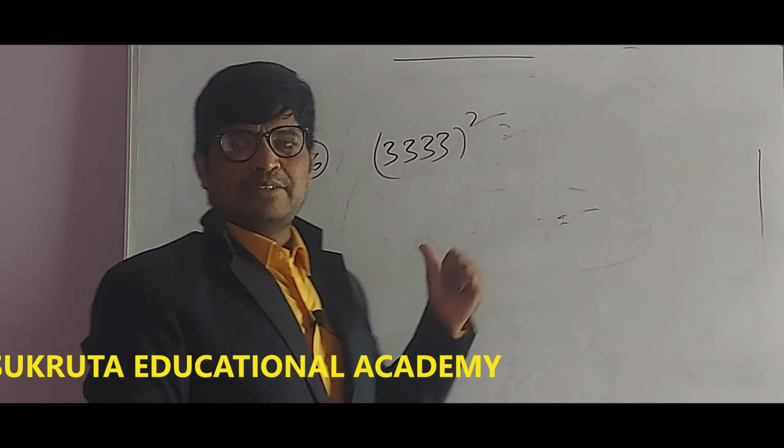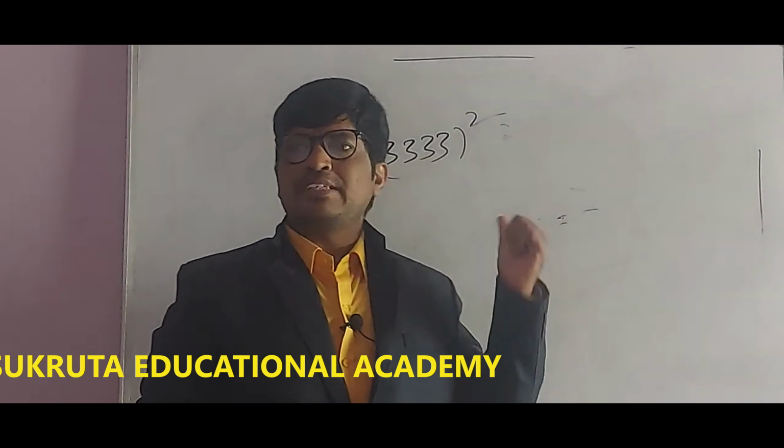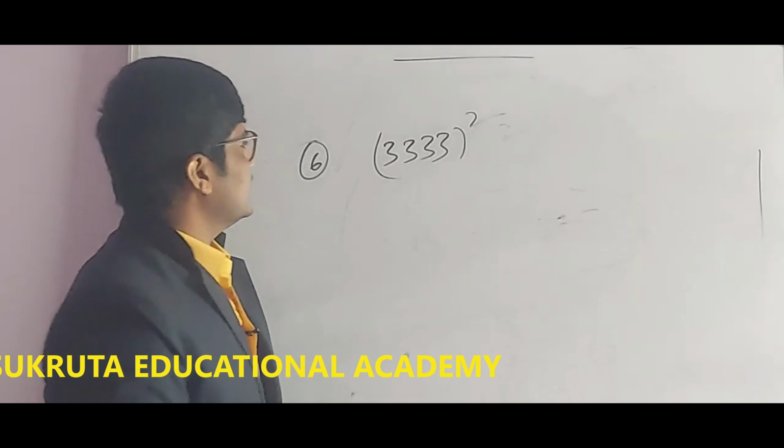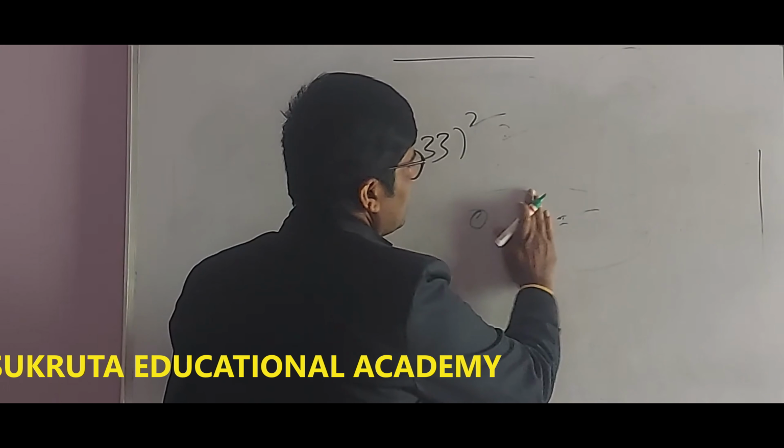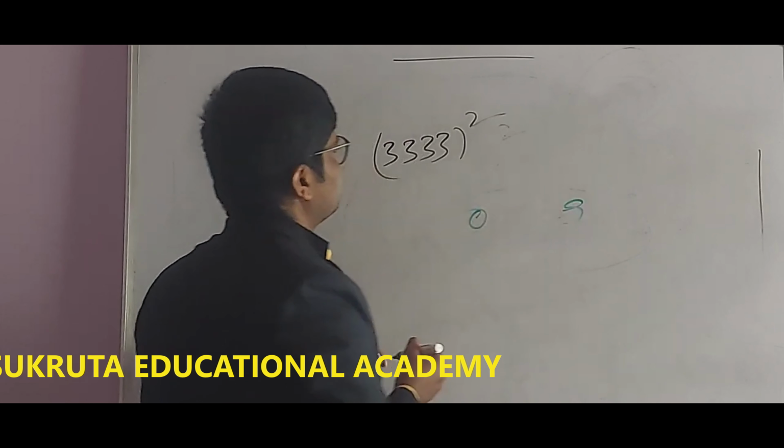Just observe, friends: in the previous questions, 9 squared means 81 and 6 squared means 36, so 2 digits came. But here 3 squared means 9, we are getting only a 1 digit number. That's why just divide like this. 3 squared means 9, so just write 0 here and 9 here.